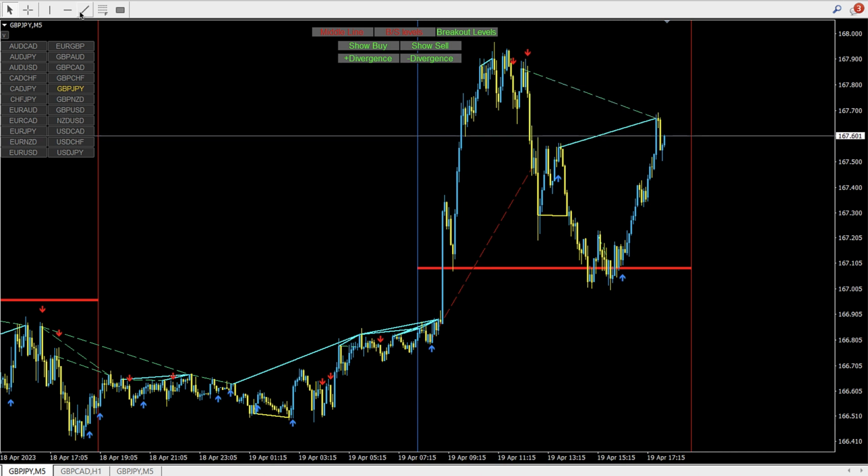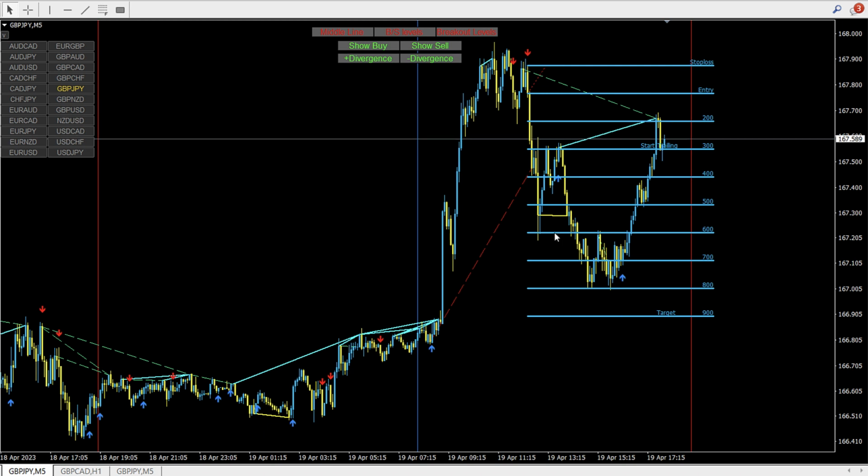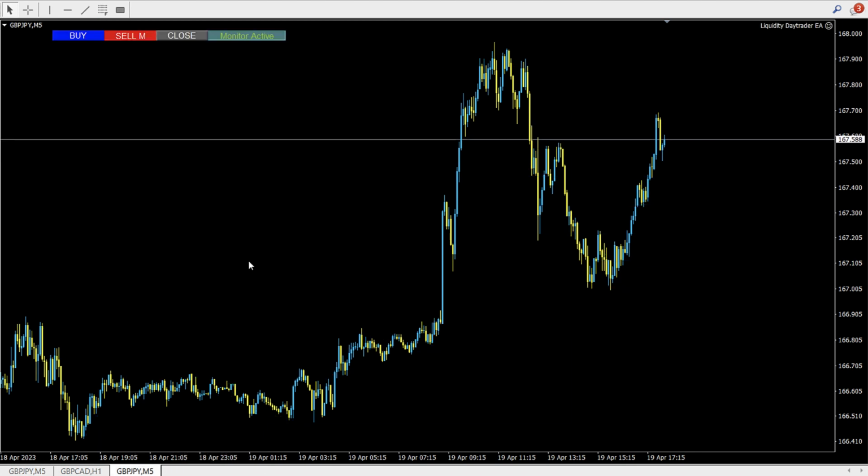So we can just activate the monitor, and it will watch the trade for us. And as you see here, we have Sell M. Sell M means sell with monitor. And if you deactivate the monitor, it will reset the settings for you, so you don't have to worry about it. Yeah, this is part of the things that we have.